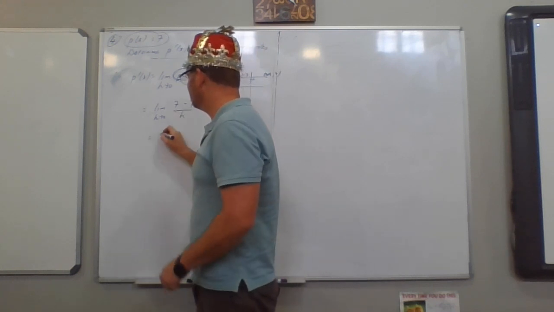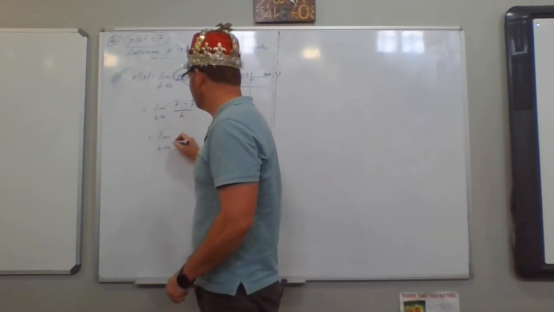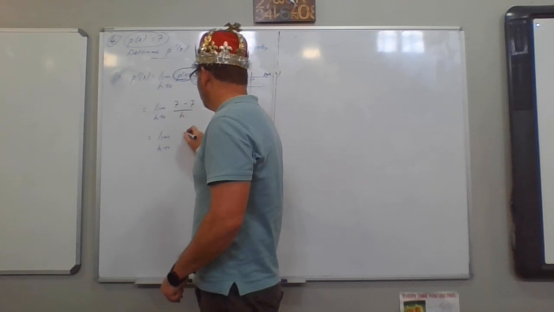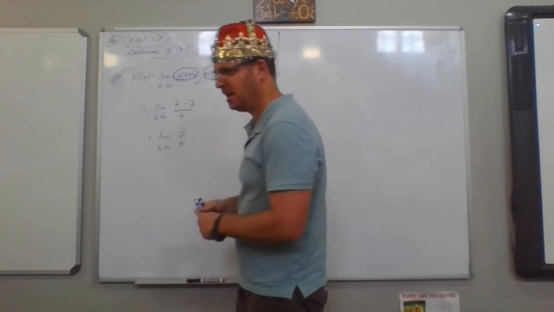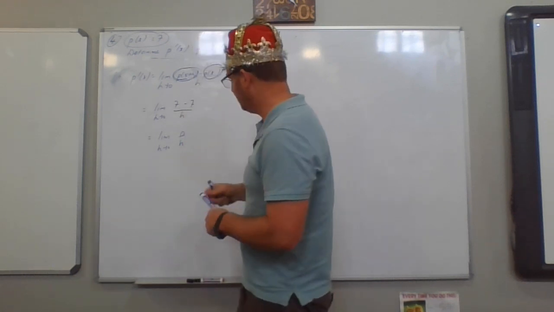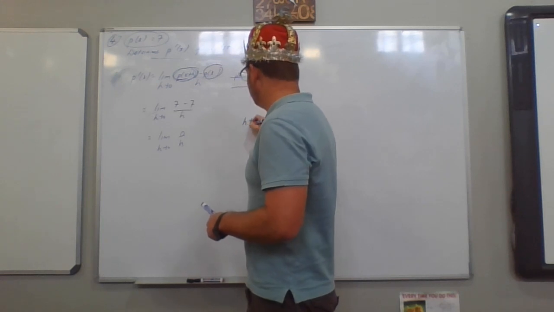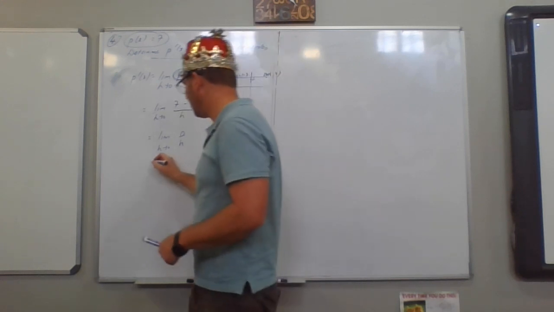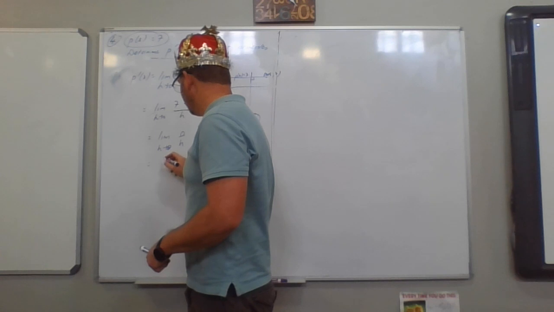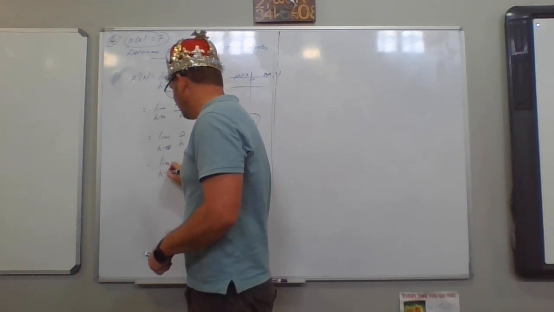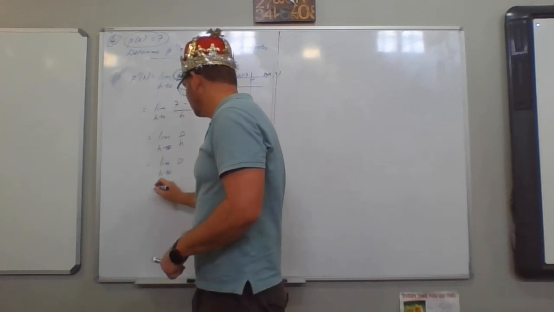Which is equal to the limit as h tends to 0 of 0 over h, and 0 divided by anything is 0. h cannot be equal to 0 because of the gap in the curve, so it's going to be the limit as h tends to 0 of 0.